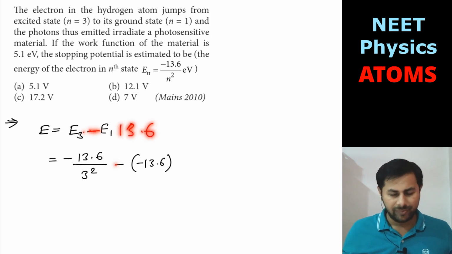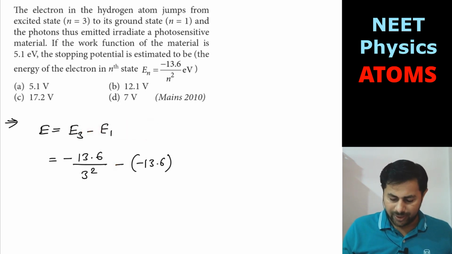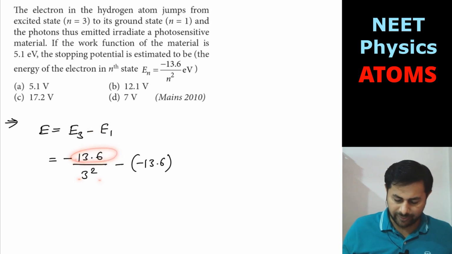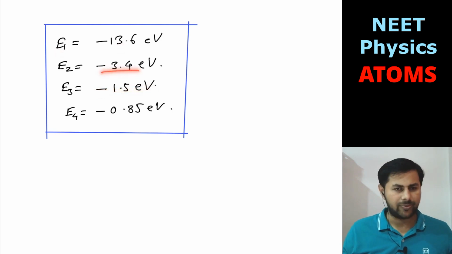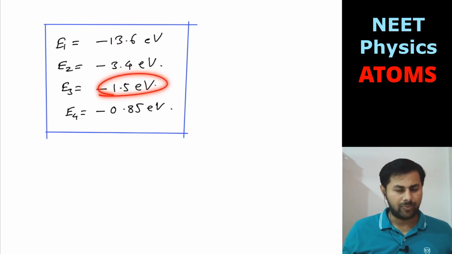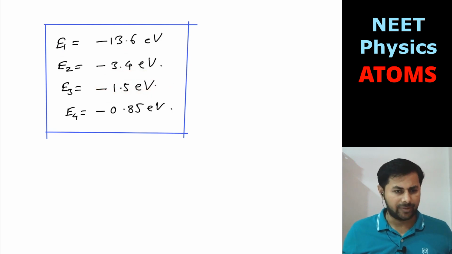E1 is minus 13.6, E2 is minus 3.4, E3 is minus 1.5, and E4 is minus 0.85. Just remember that, it will save you some calculation, because most of the time the first, second, third, fourth orbits are involved.